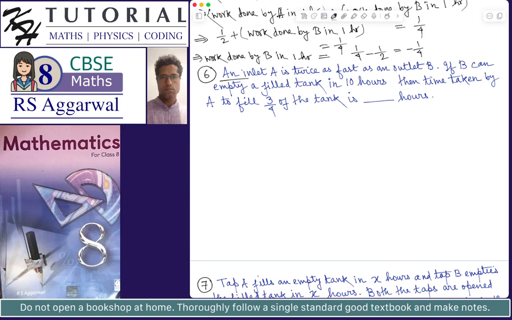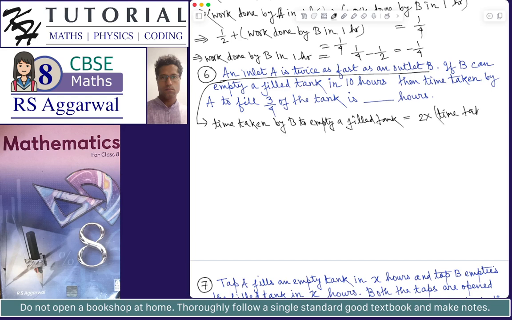This information, that an inlet A is twice as fast as an outlet, means that the time taken by B to empty a filled tank is equal to 2 times the time taken by A to fill the empty tank.